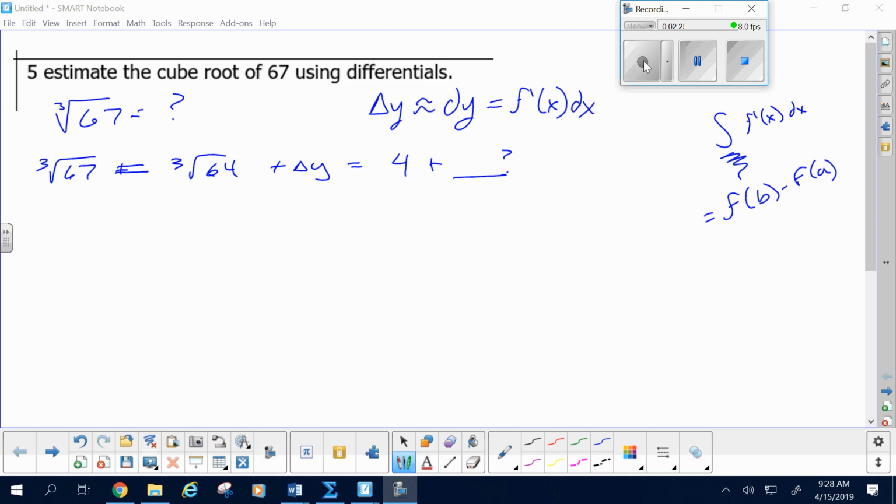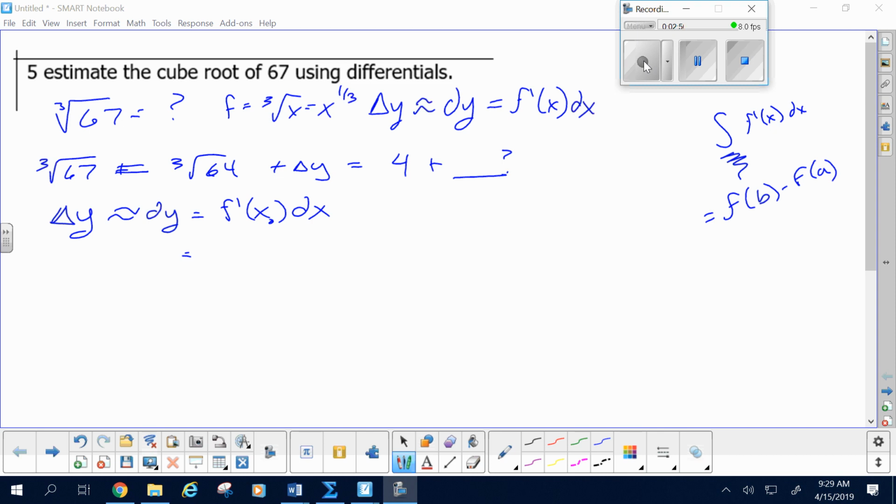Now the differential idea. Delta y, or that true change, can be approximated by dy, and dy is the rate of change at the starting point times an amount of change in x. Now in this case, it's hard to take f prime if you don't know what the function is. What's the function? Cube root of x, or x to the 1/3.